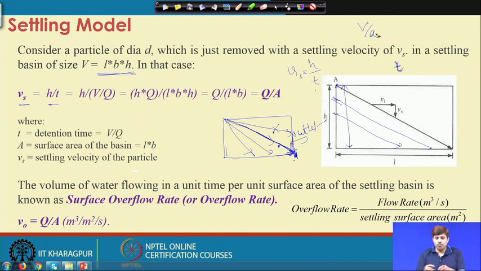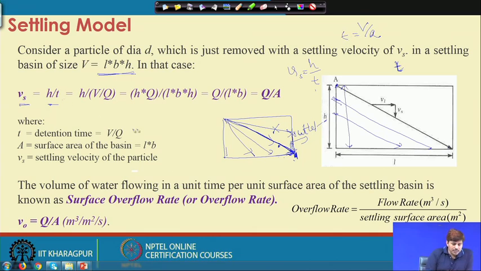Because if the total volume of the basin is say 500 meter cube and your flow rate is 50 meter cube per minute, that means you can fit 50 ten times. So, 10 minutes is going to be the detention time. So, V by Q is your detention time.